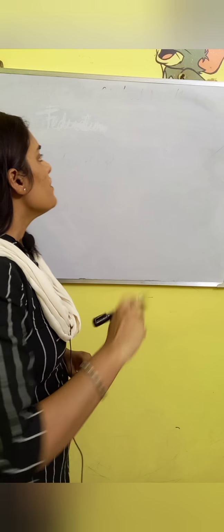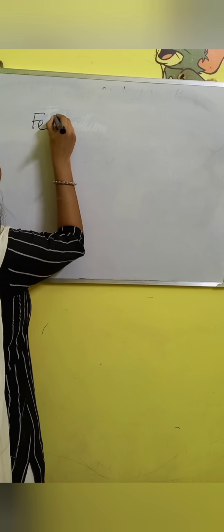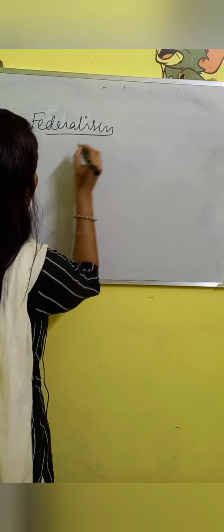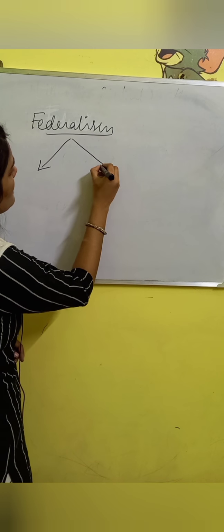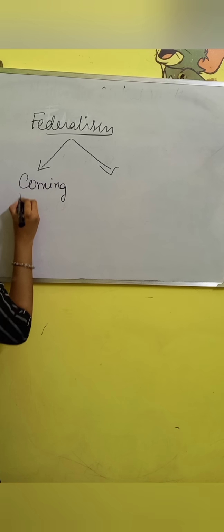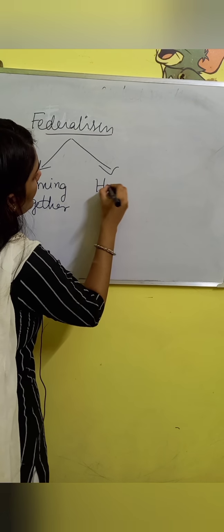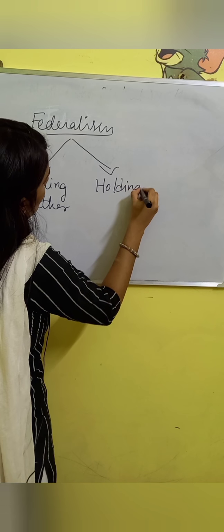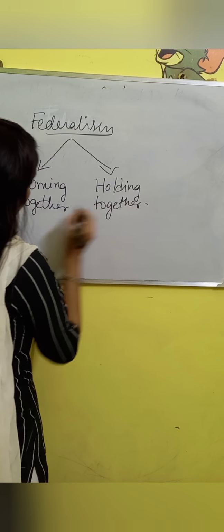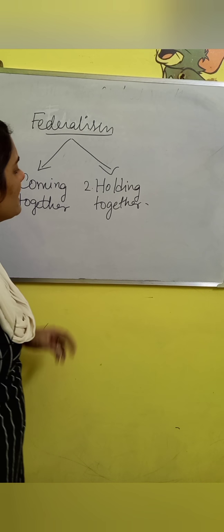See students, federalism is of two types. First is coming together federation. Second is holding together federation.